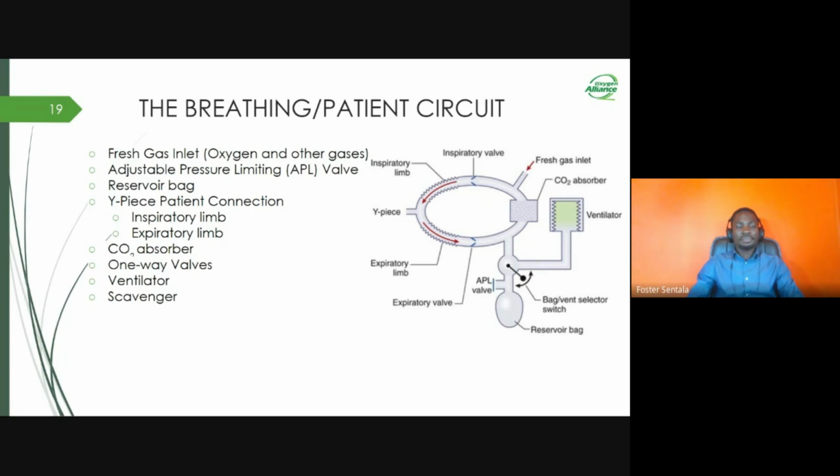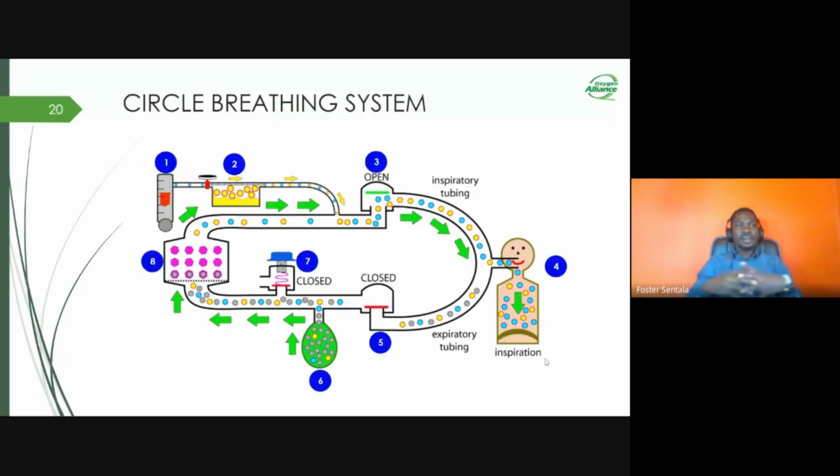Moving on. This is a simpler representation of what I was talking about. On point number one, that is where you have the gas source. This can be the cylinders or oxygen concentrator and the likes. Then this gas passes point number two, which is a vaporizer, getting mixed with a volatile agent and then being supplied to our circle or our circuit.